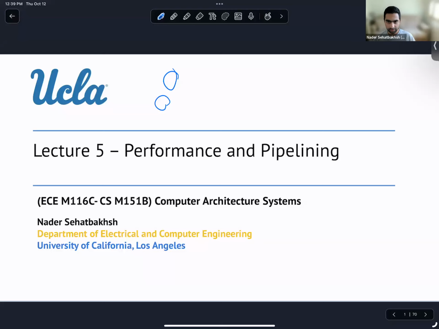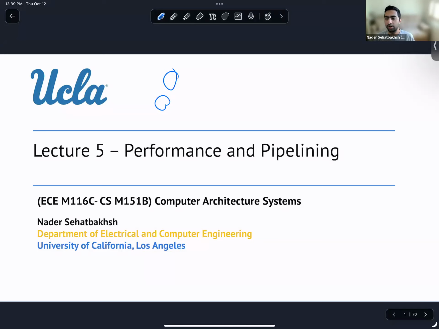So now I want to take a step back and analyze how we measure performance. What are the important things when we are measuring performance? And then we're going to go back to that design that we had and see what we can do to improve it. For now, I just showed you the bare minimum you need in order to implement a processor.